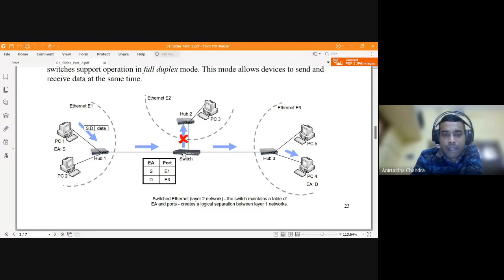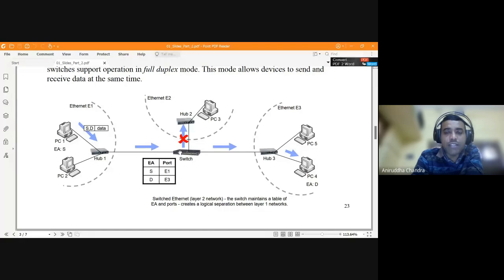So whenever a packet comes to the switch with destination address D, it will only forward the packet to the port which is connected to E3, and it will not forward the packet to the port which is connected to Ethernet E2. So if we had used a hub here, then the hub would have sent the packet to Ethernet E2 as well.